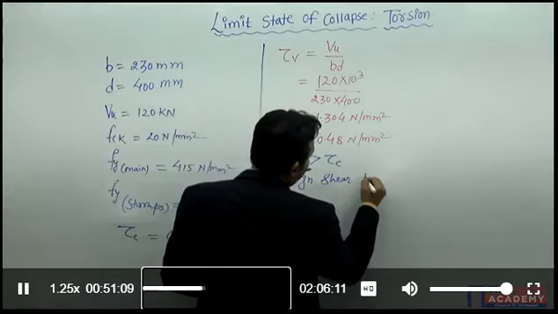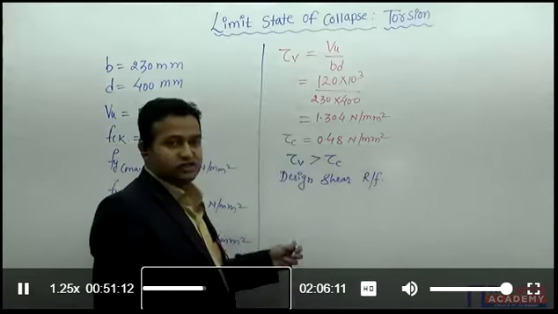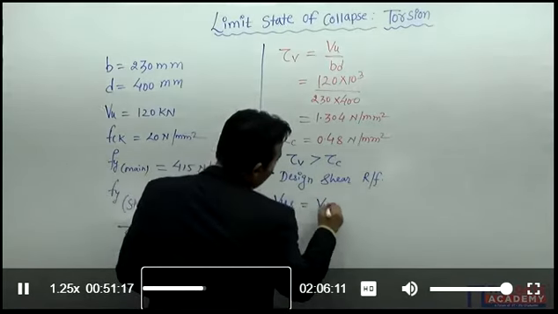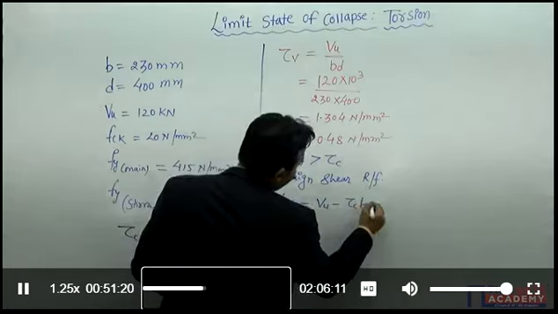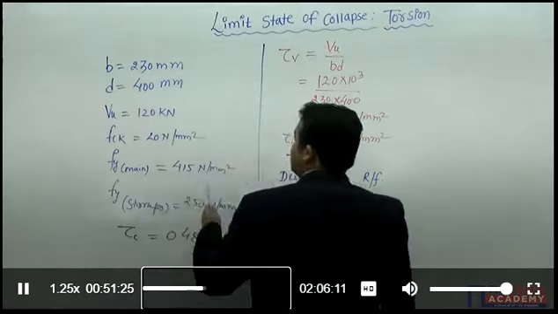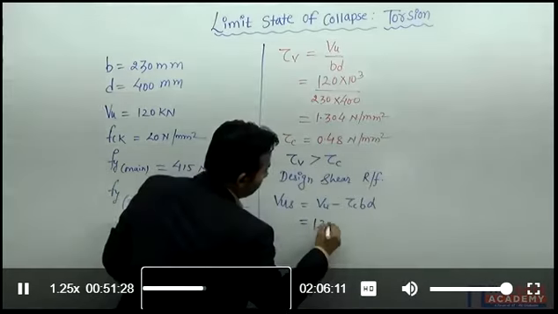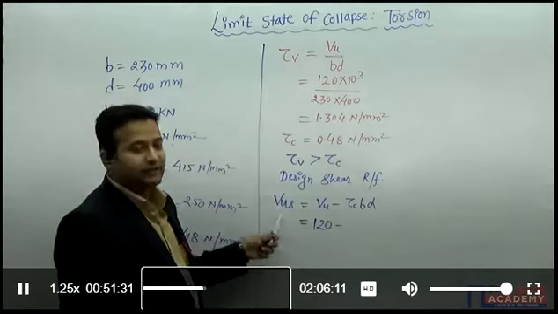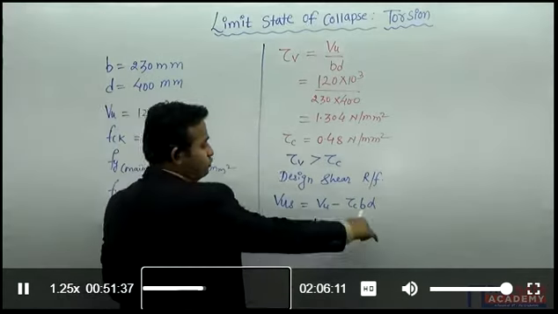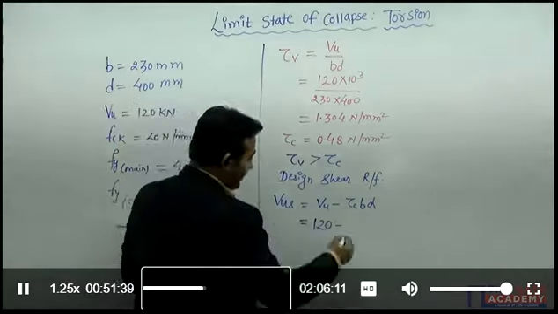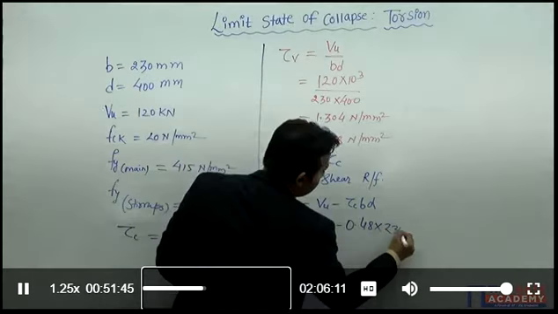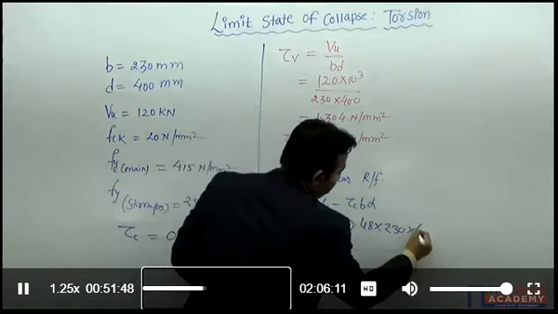The shear reinforcement should be designed for Vus equal to Vu minus tau c bd. This we have already discussed. Vu I know is 120 kilonewton, minus tau c bd, where tau c is 0.48, b is 230 and d is 400.